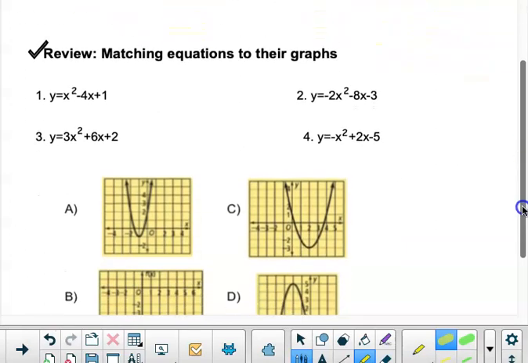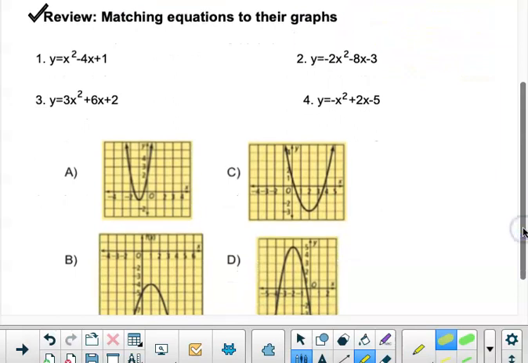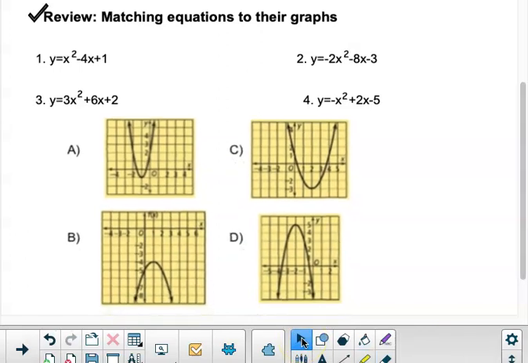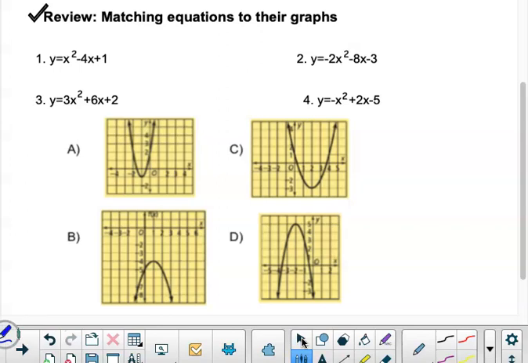Before we move any further, just a little bit of review of graphing. So this one says, match the equations to their graphs. Okay, that sounds simple enough. So we have four different graphs in front of us. I am going to look at which way some of these open first.